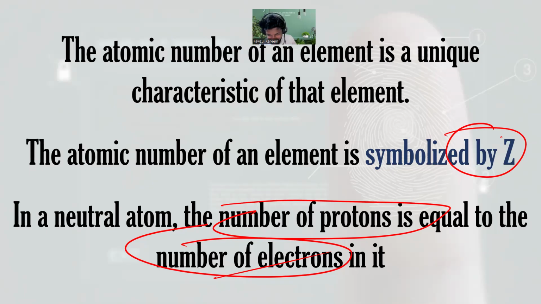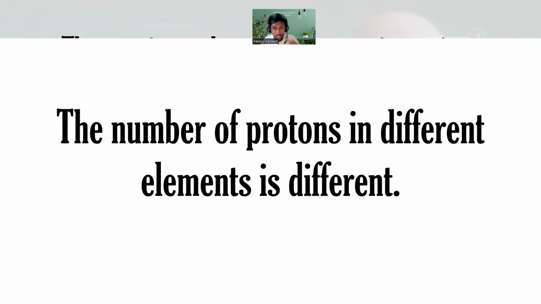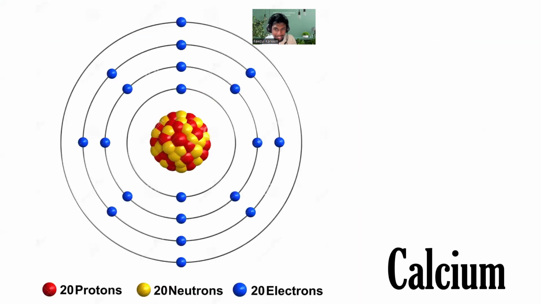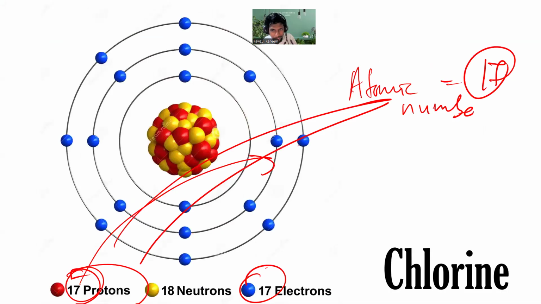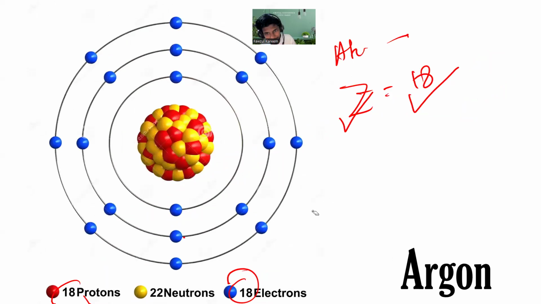Unique means that two different elements can't have the same atomic number. For each and every element, they have a different value. For example, chlorine has 17 and argon has 18.